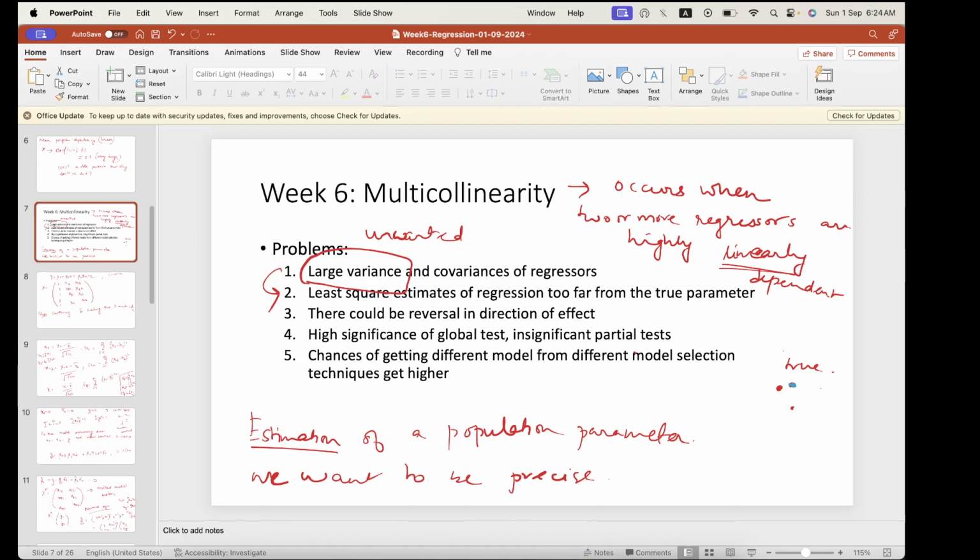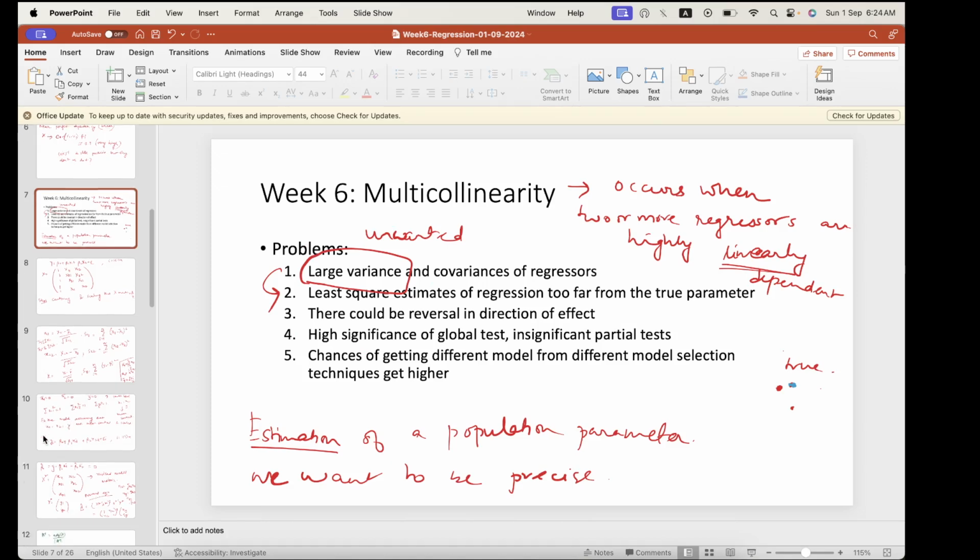And different model selection techniques will yield different models, with marked differences in model selection, if we have severe multicollinearity in the data set. So these were the problems associated with multicollinearity.